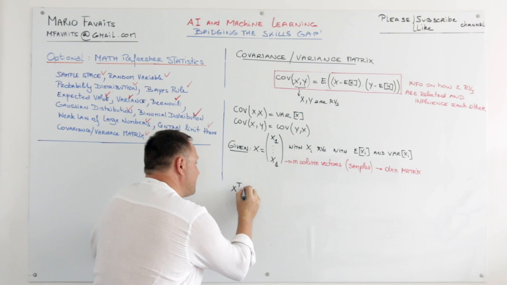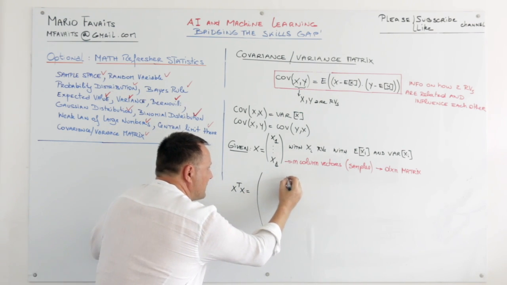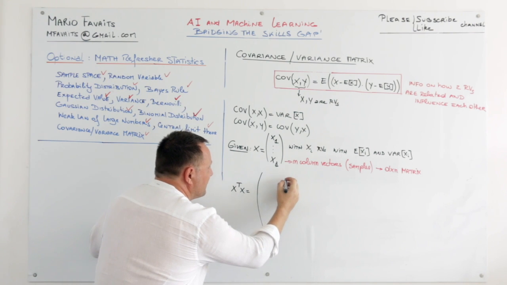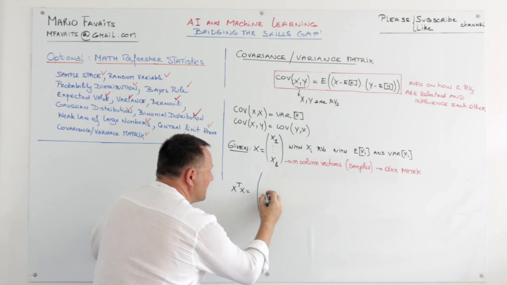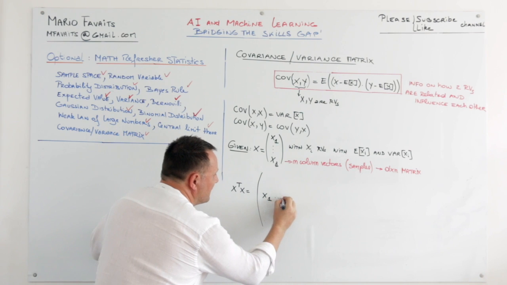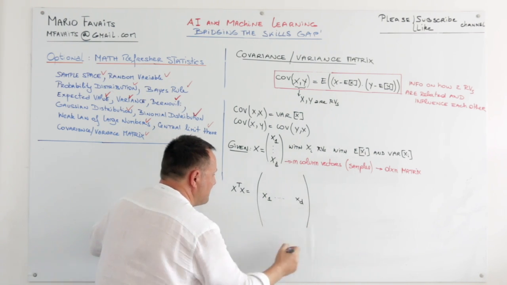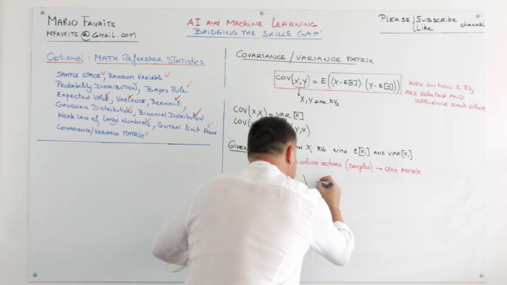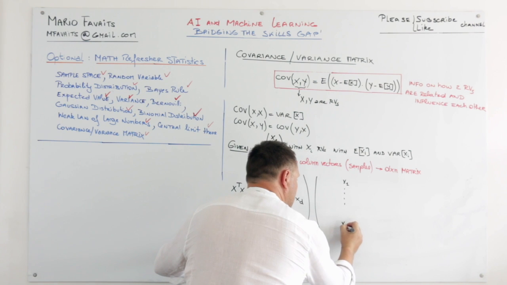So x transpose x equals, you have here x transpose would be a row vector, so x1 to xd, and times x would be here x1 to xd.